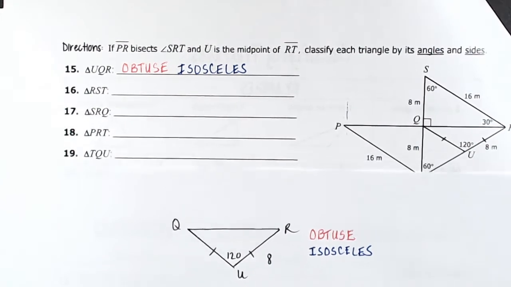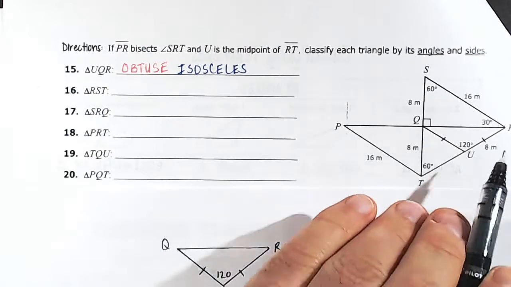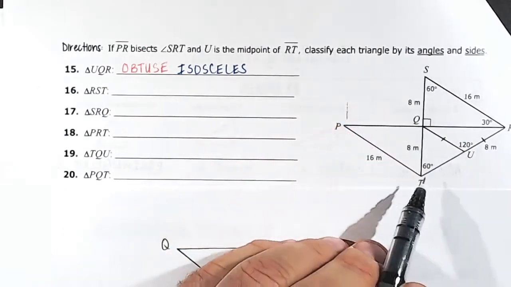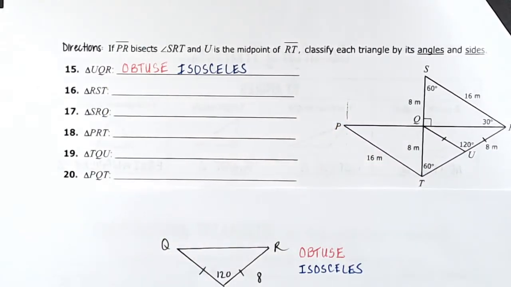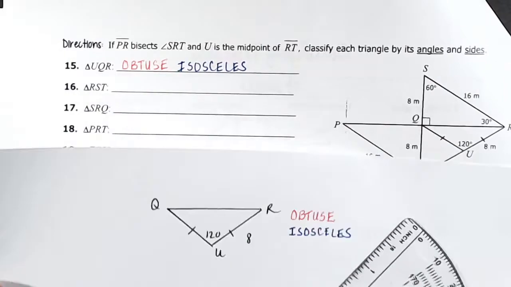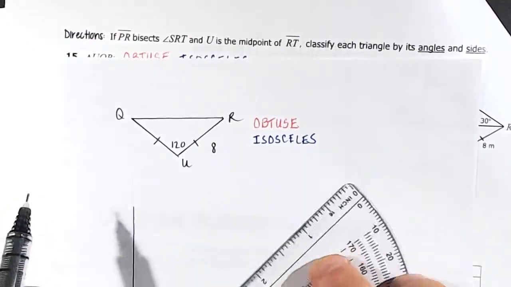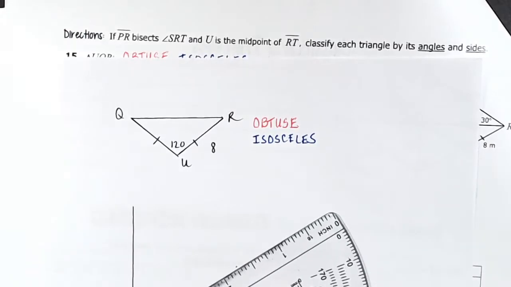Okay, so the next one is triangle RST. I think it is important that we transfer these images a little bit because there's a lot of confusing information. So here we're given this triangle RST, and it kind of looks like this.